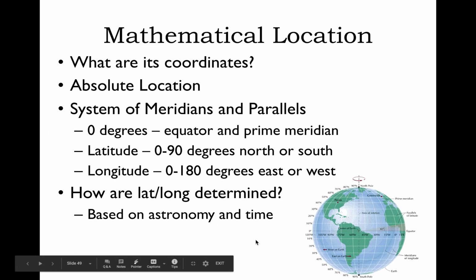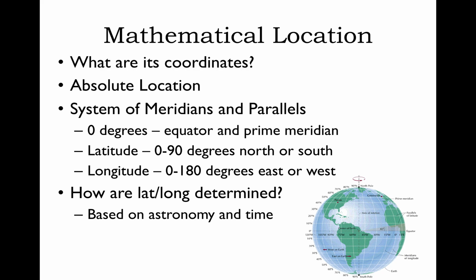Mathematical location, again, often uses the grid system, which is made up of our lines of longitude and latitude. Lines of latitude go the width of the globe, and lines of longitude go up and down, or north and south, on the globe. The 0 degree prime meridian runs through Greenwich, England.